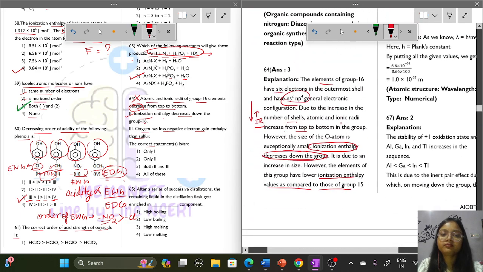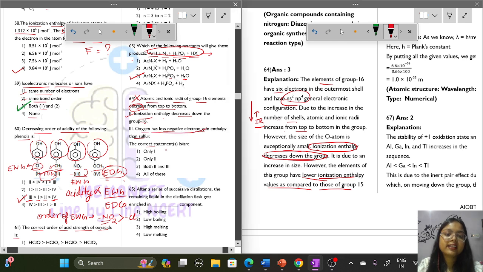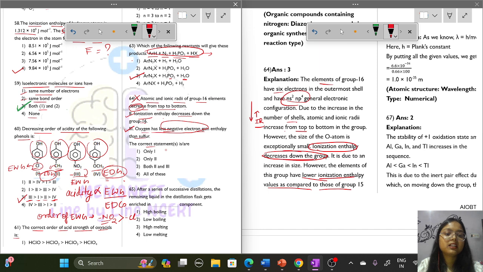So they have lower ionization enthalpy, and oxygen has less electron gain enthalpy. This is also correct. So statements 2 and 3 are correct, and statement 1 is incorrect. The correct option is the one where both 2 and 3 are correct.